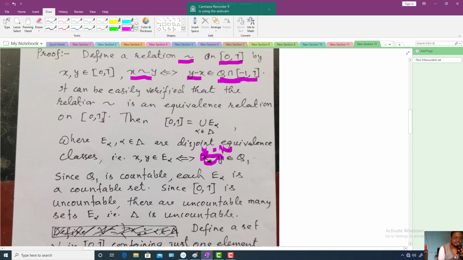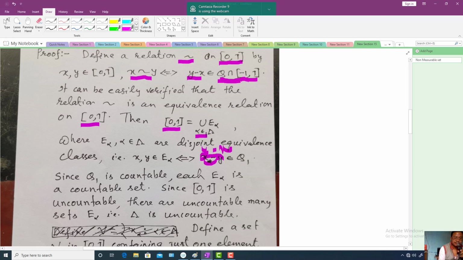So it is an equivalence relation on the closed interval 0, 1. Then by the fundamental theorem of equivalence relations, the set 0, 1 can be partitioned into equivalence classes. This set can be expressed as a disjoint union of equivalence classes E alpha, alpha belonging to capital lambda.